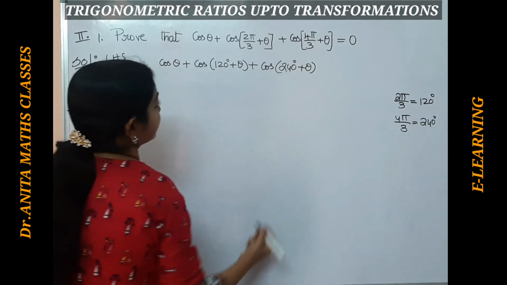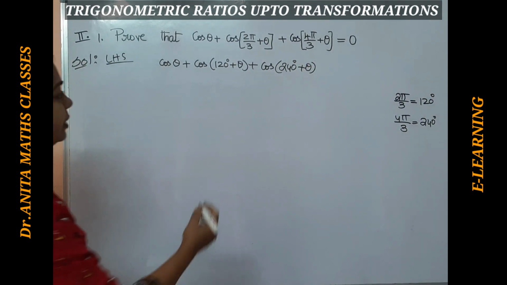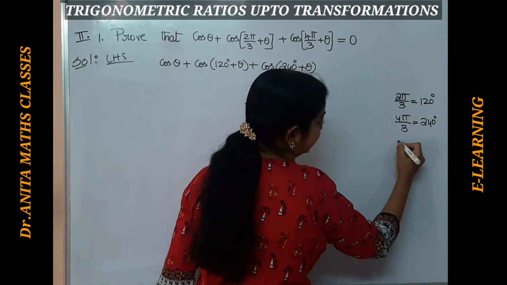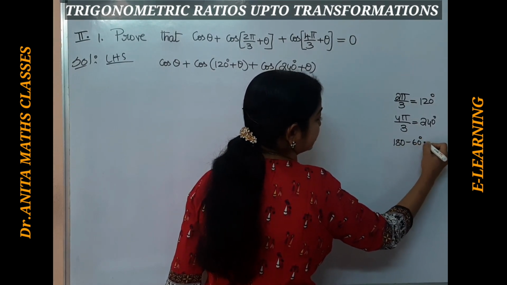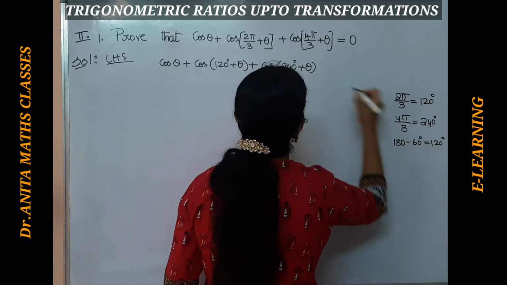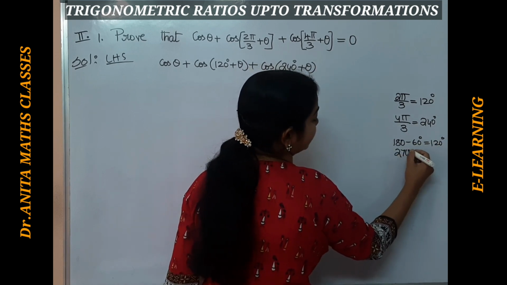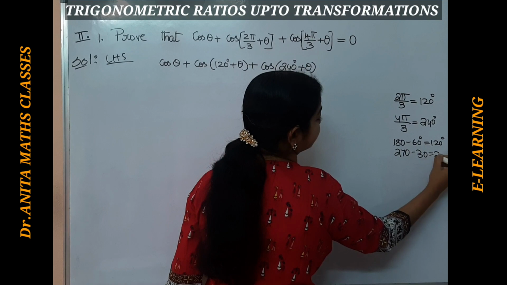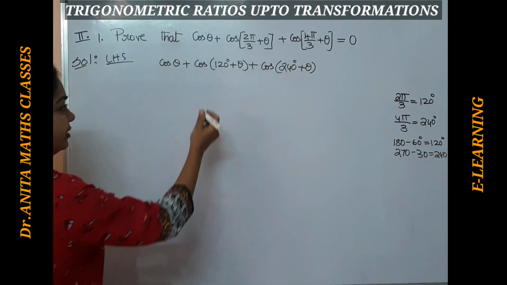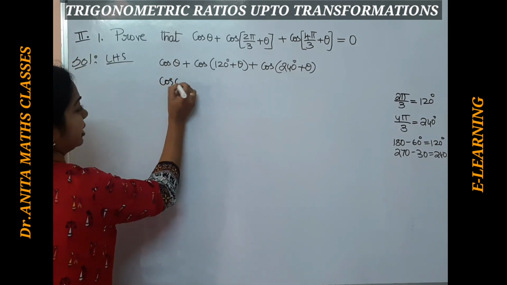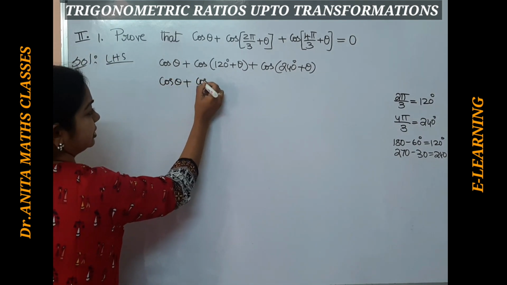Okay. Here, 120 I can write as 180 minus 60, isn't it? And 240 also, I can write as 270 minus 30. Using the known values, that is 180, 2 pi, we will write it like that. So cos theta equals cos theta.